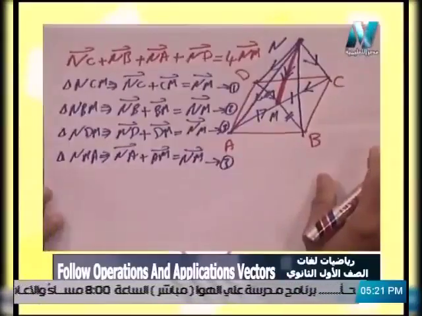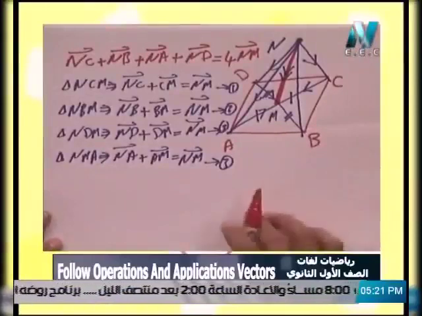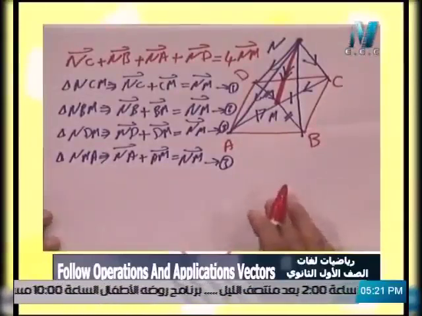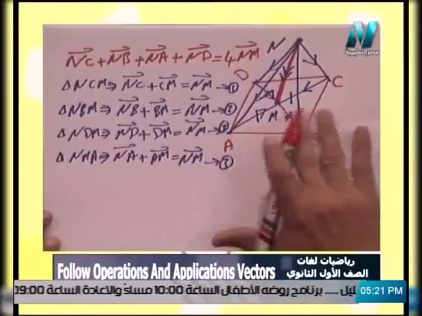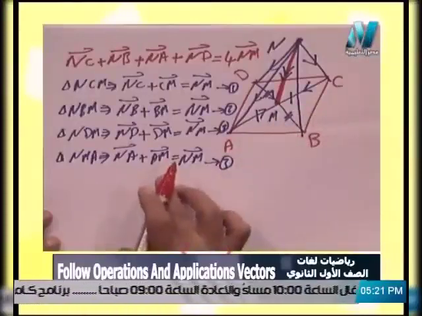question and a very big answer, but my dear students, it's very clear and very small, a very easy question. Why? Because forget the drawing here and pay attention to these equations.